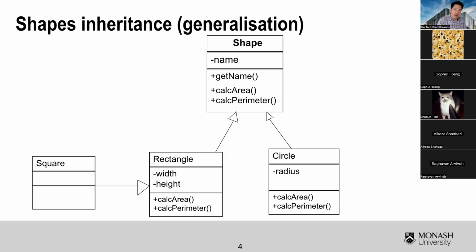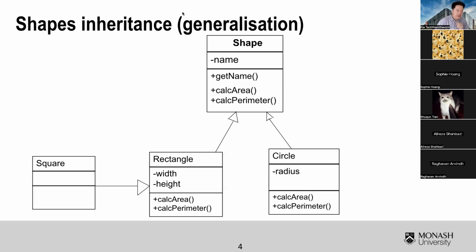So that's why rectangle here, when we draw it, inherits the base properties from the shape, which is the base class. It has two new attributes, height and width, and it has two new operations as well, calculate the area and calculate the perimeter.